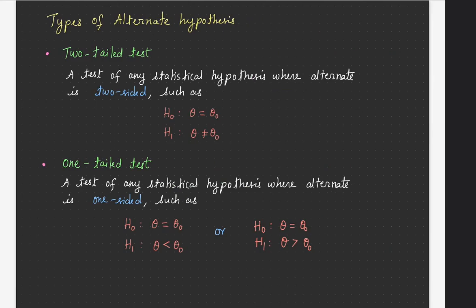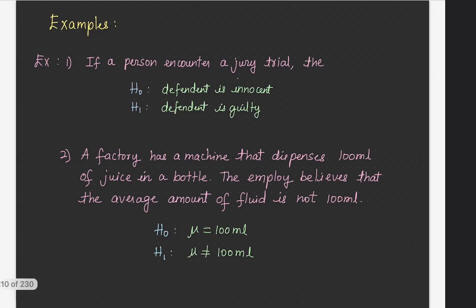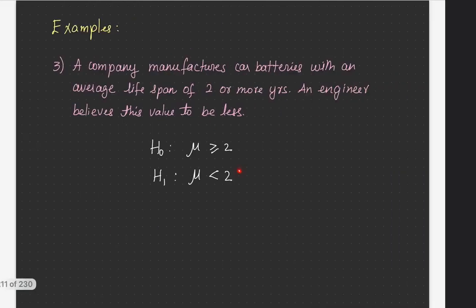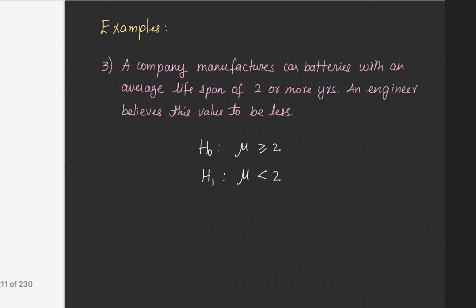Next we discuss the types of alternate hypothesis. There are two types, in the two different examples I considered earlier. In this case, the alternate hypothesis is mu not equal to 100 ml. In this case, the alternate hypothesis is mu less than 2.